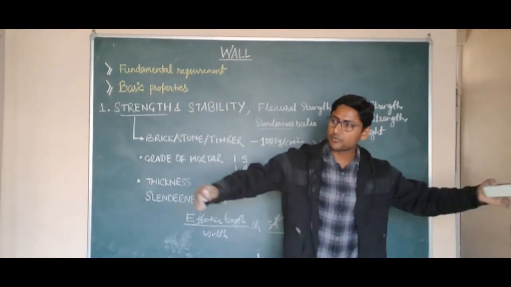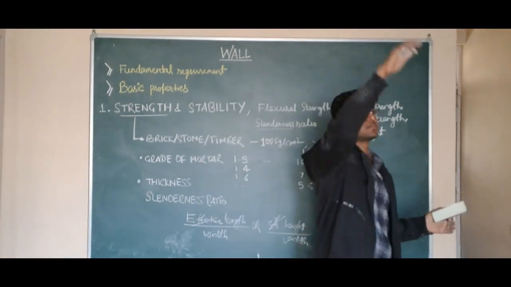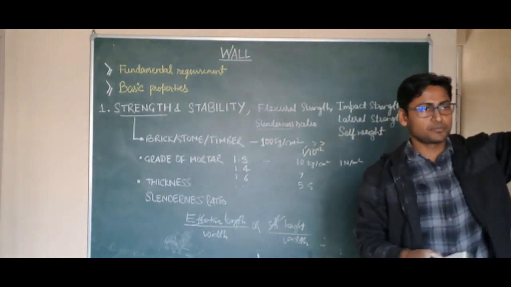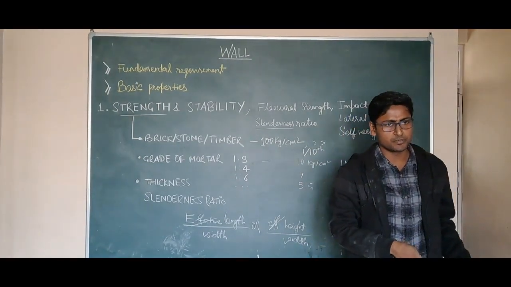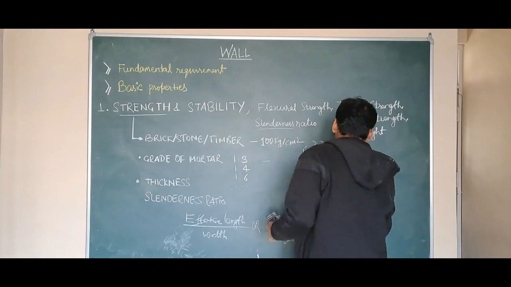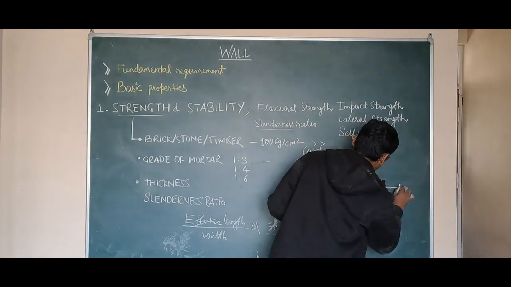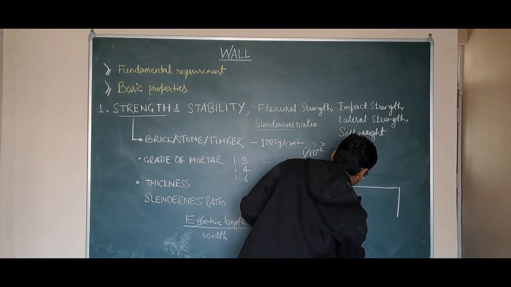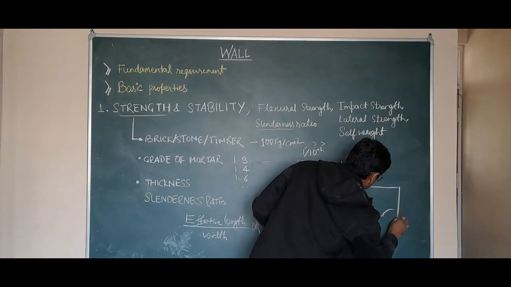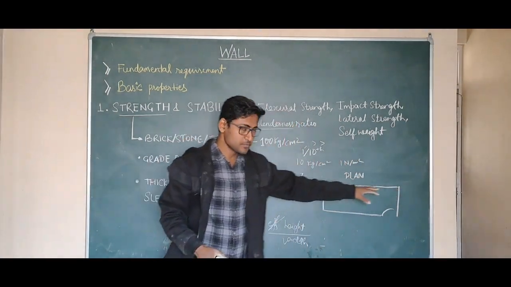Suppose we have a wall of too much height, say a 30-meter height wall, and the thickness is still 5 inches. That may not be very stable, right? Suppose this is the plan of any building, and we have a door. So this wall is very long. So there should be some limit.